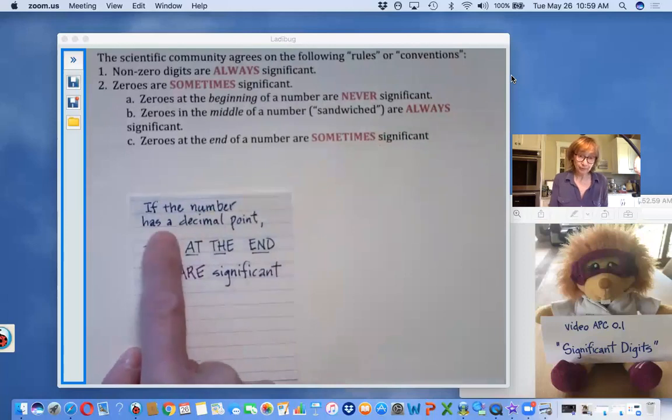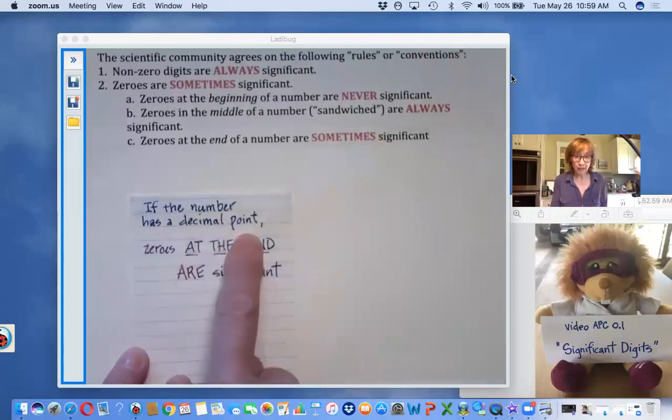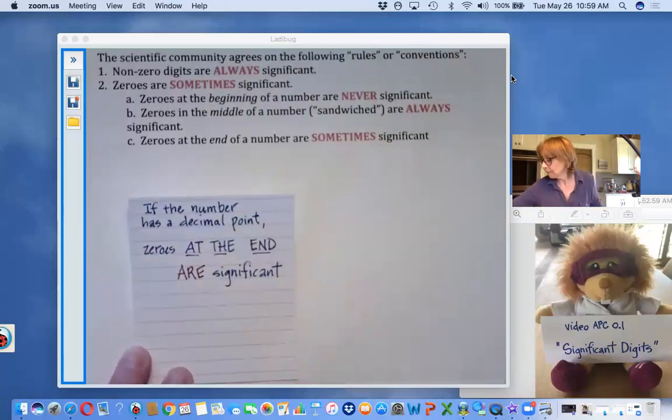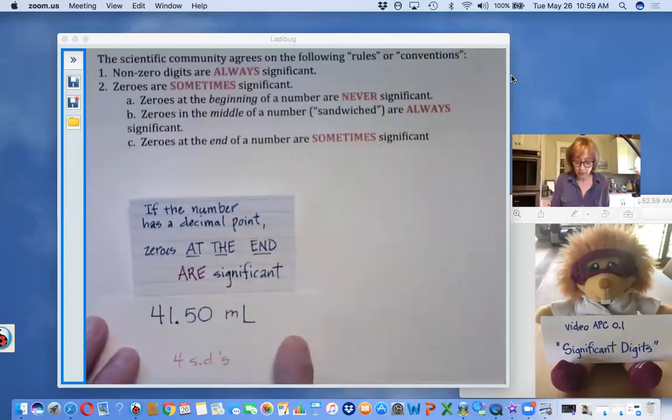If the number has a decimal point, zeros at the end of that number are significant. For example, the measurement 41.50 milliliters. That number has a decimal point, so the zeros at the end, the trailing zeros, will count.